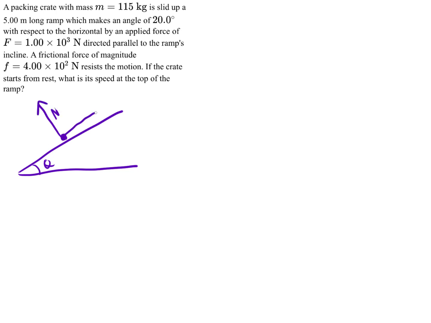Pushing it up parallel to the ramp, we have big F, the applied force. Opposing that is the frictional force, or little f. And then, of course, pulling it straight down is the force of gravity, or mg. These arrows are a little disproportionate, but I'm going to make this one slightly bigger for now.